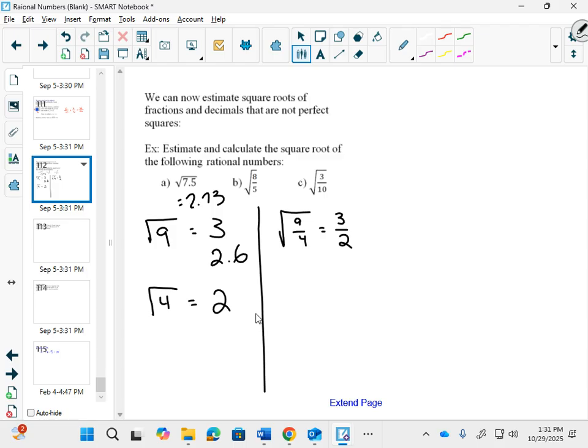That is a 9. So one thing I could do is I could say, I think it's going to be 1.5 because it sure looks close to 9 over 4. The other thing I could do is I could say, I went to my calculator and I did 8 divided by 5 and I got 1.6. 1.6 is bigger than 1, which I know is 1, and less than, obviously, 4, which I know is 2.